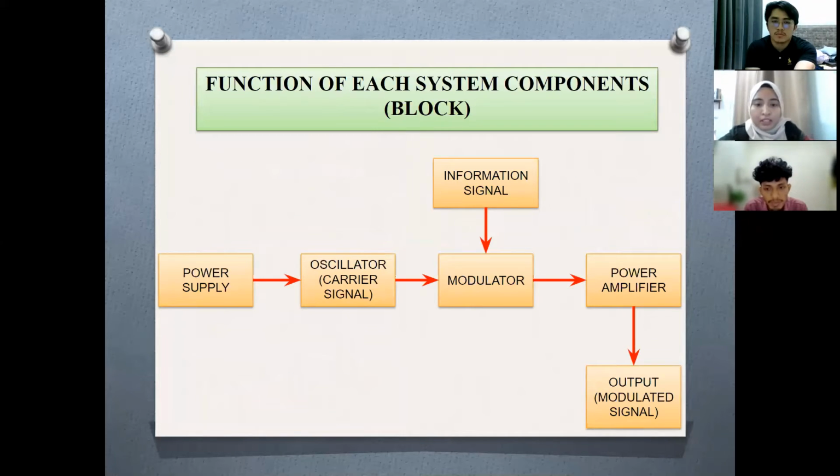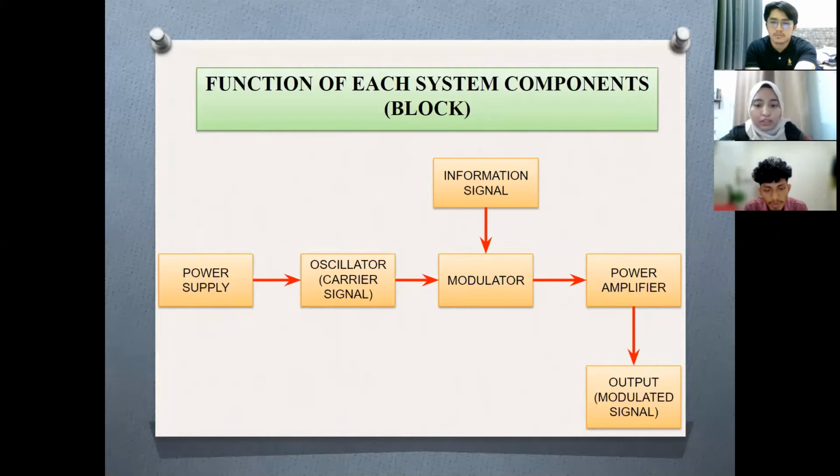For the function of each system component block, firstly is the power supply. The power supply is utilized to provide electric power, current and voltage to the transmitter for circuit operation. Next is the oscillator. An oscillator is a device that is used to produce a sine wave oscillation. The AM modulator can be given a stable carrier frequency by attaching the oscillator to it.